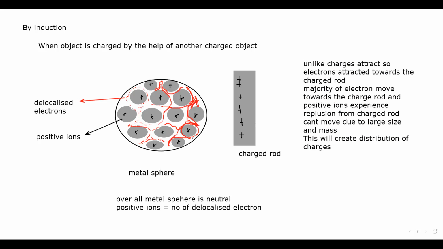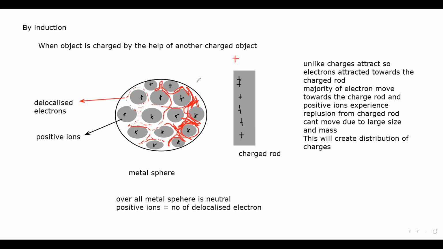Most of the electrons are towards the right hand side, and there are few electrons on the left, because unlike charges attract each other, the positive charge attracts electrons. So as it attracts electrons, the majority of the electrons will move towards the right hand side in this example.